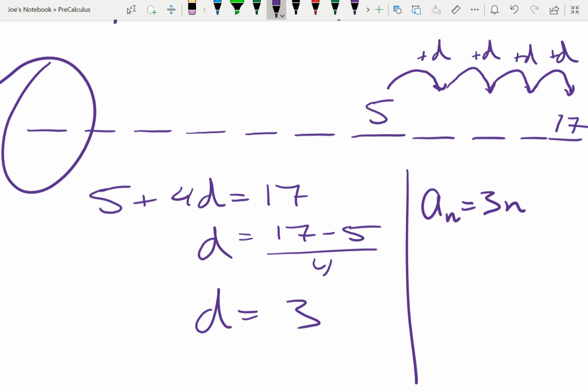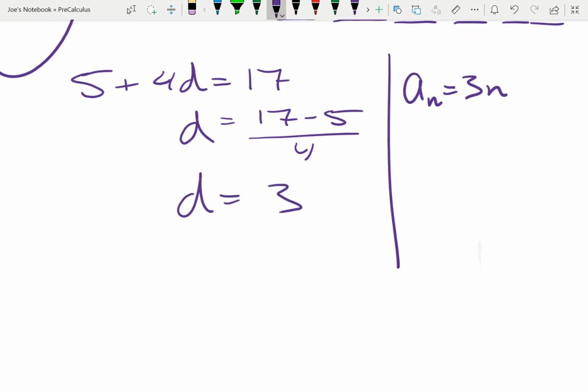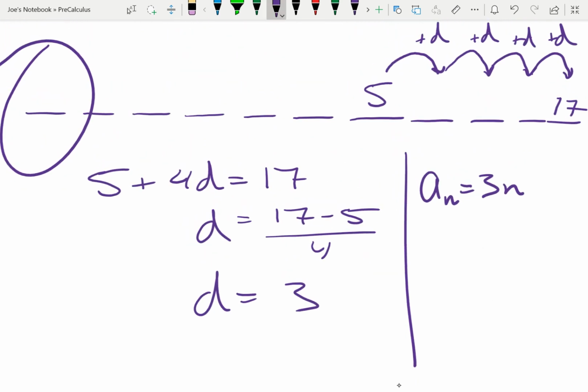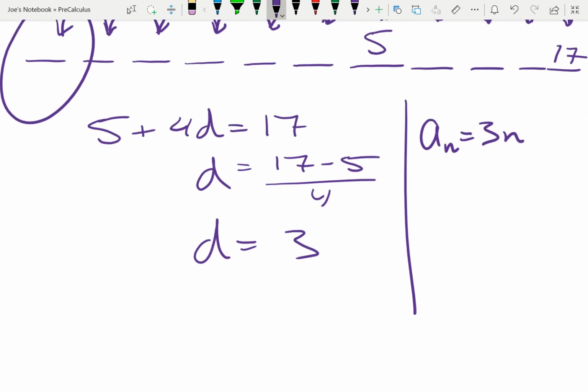So now what you can say is, if I know my 7th term is 5, let's go this way. 1 difference, 2, 3, 4, 5, 6 differences would get me my first term.